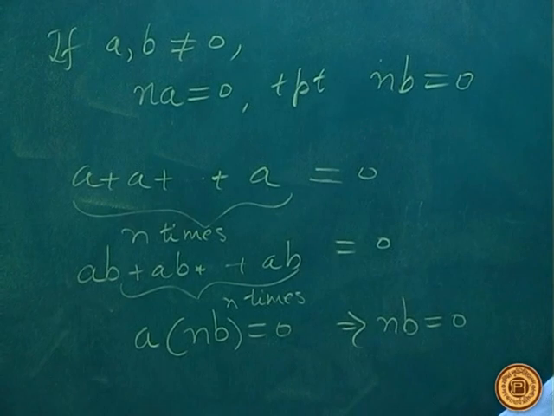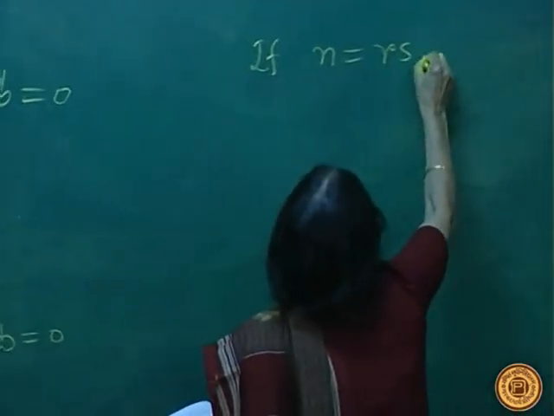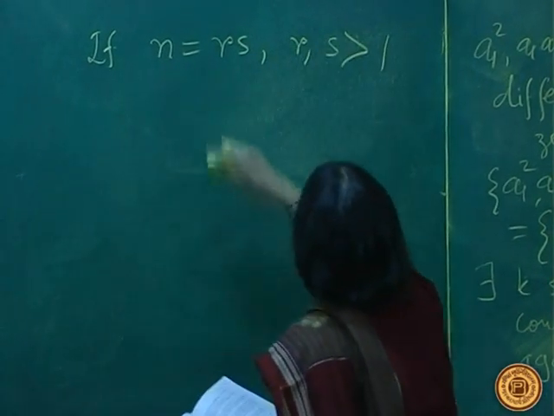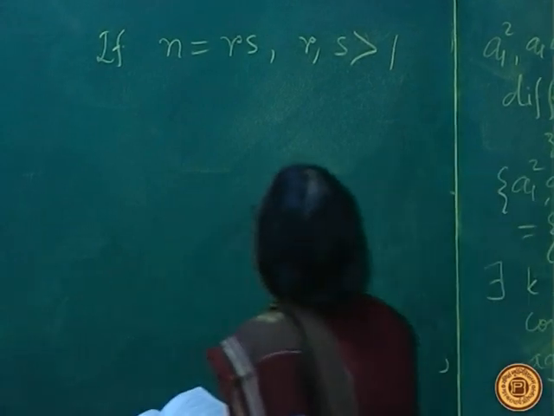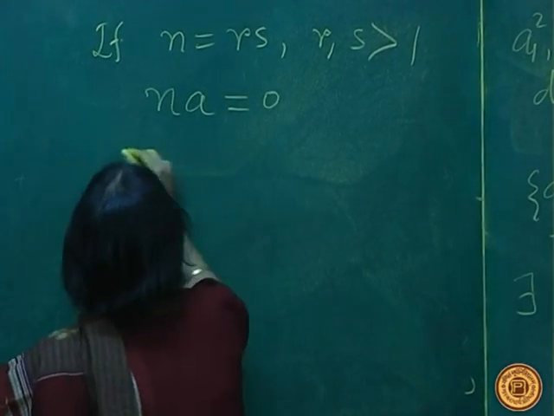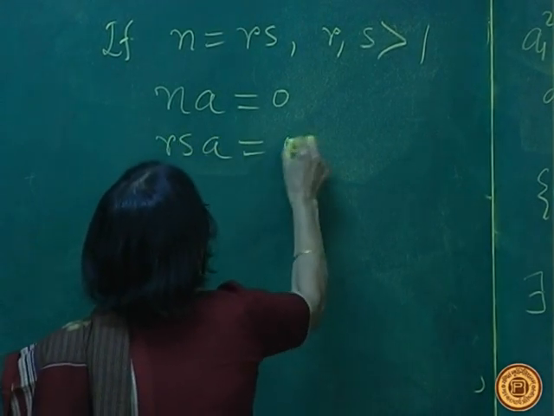Use this fact also, if n is equal to r and s, r and s both bigger than 1, that is a proper factorization of n, and na is equal to 0 under the same conditions, then r into s into a is equal to 0.